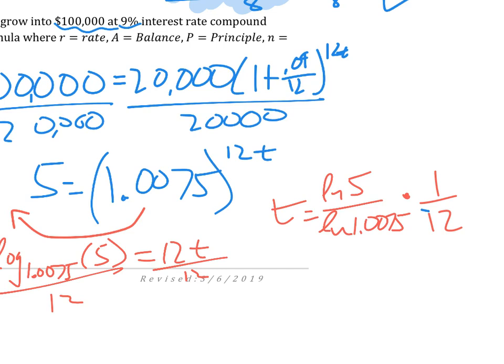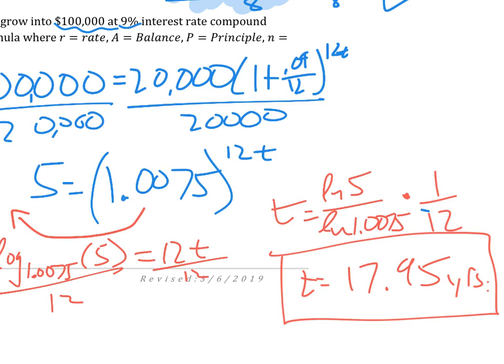Using the calculator, we get an answer of 17.949 or 95, and that is our time in years. So basically 18 years.